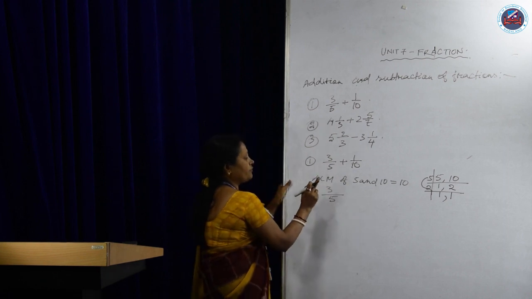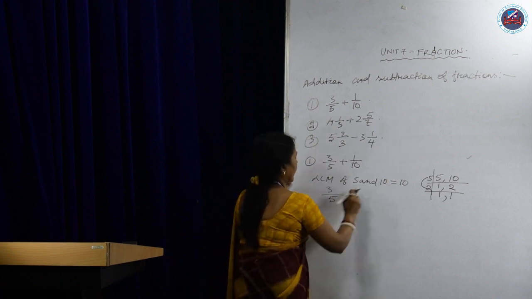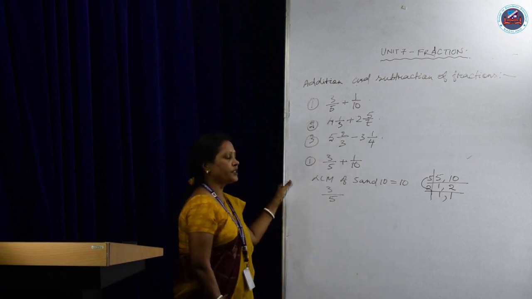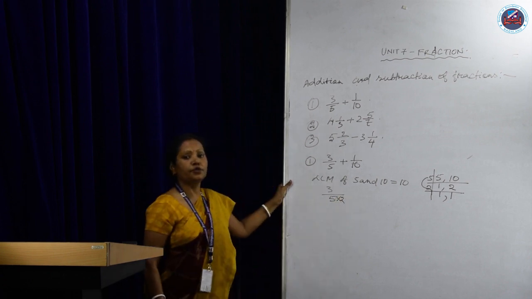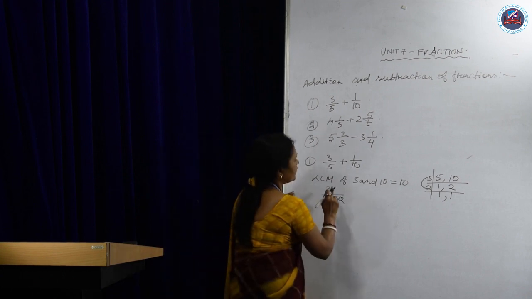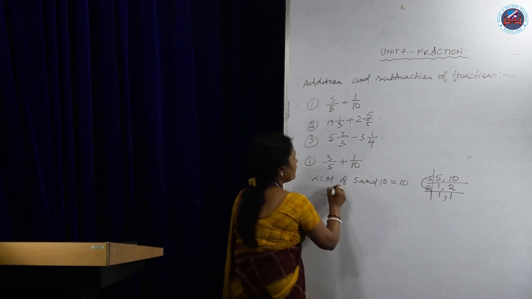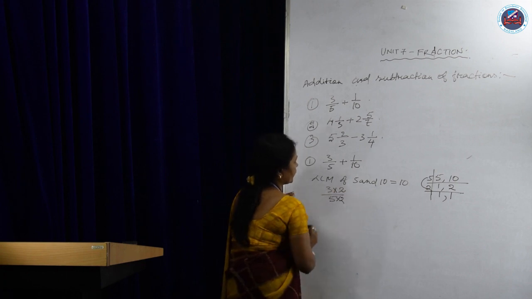Here you need to convert your denominator to 10. To convert 5 to 10, you have to multiply it by 2, because 5 2s are 10. Since you are multiplying the lower number by 2, you have to multiply the upper number, I mean the numerator, also by 2.